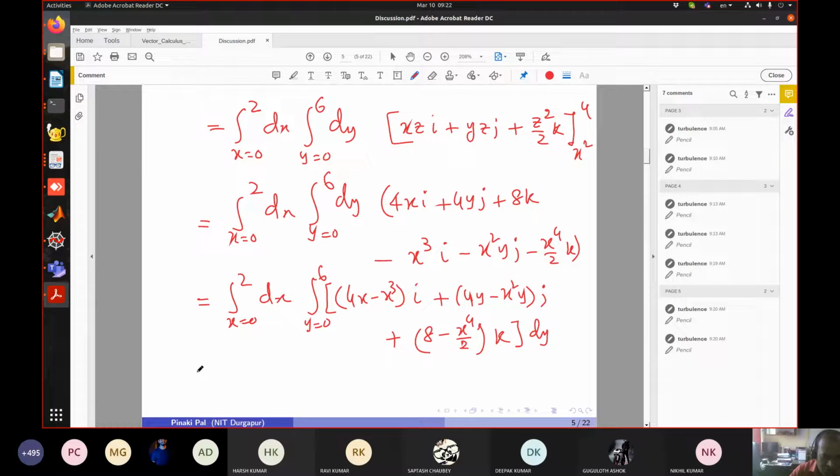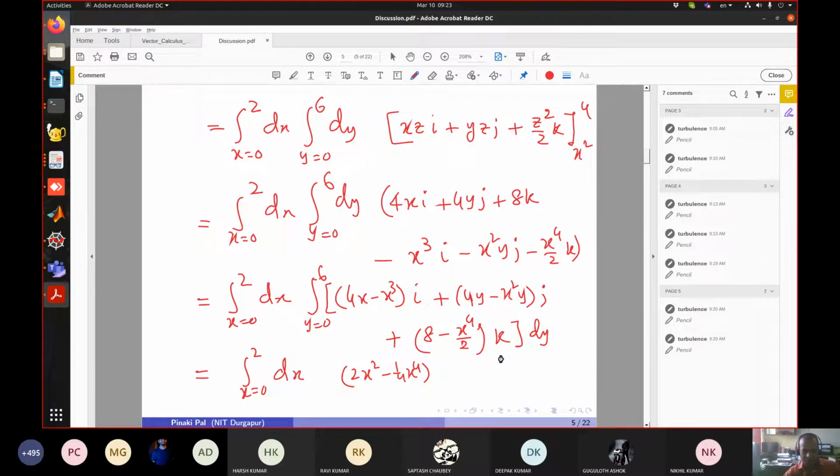So therefore we'll get eventually x is equal to 0 to 2 dx, and this is... no, sorry, I am doing some mistake.